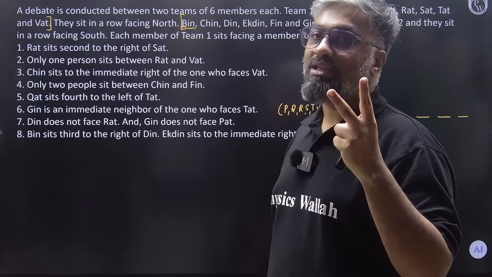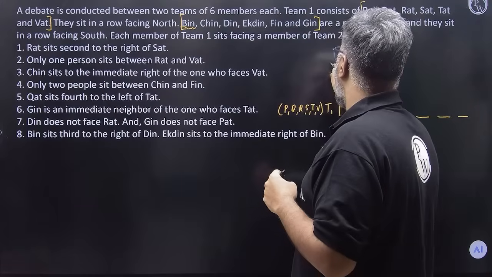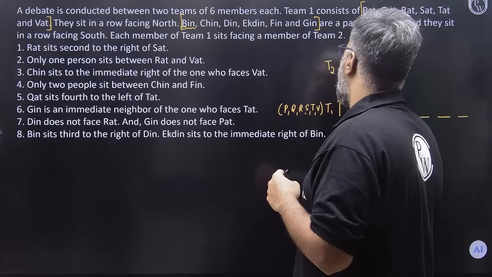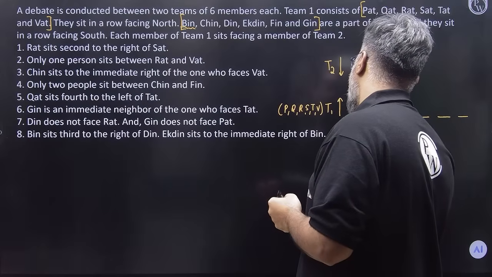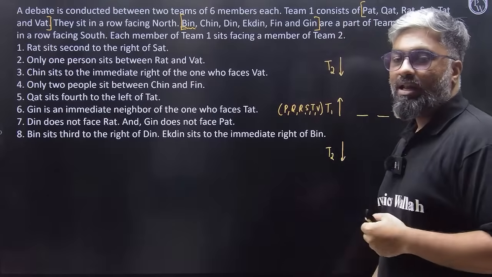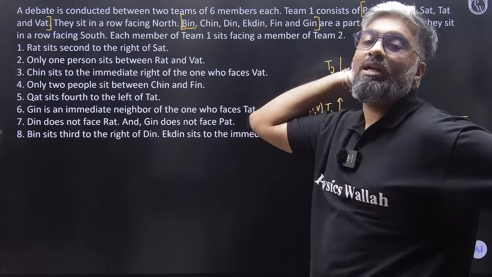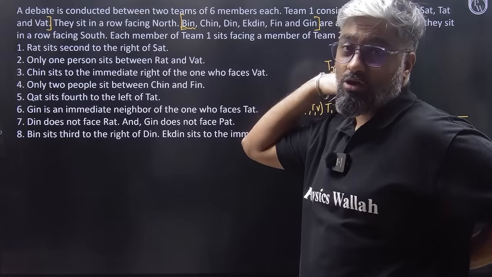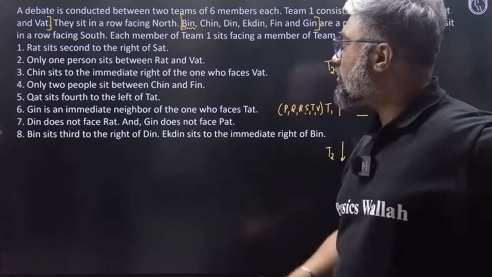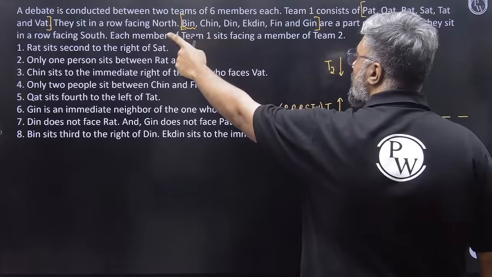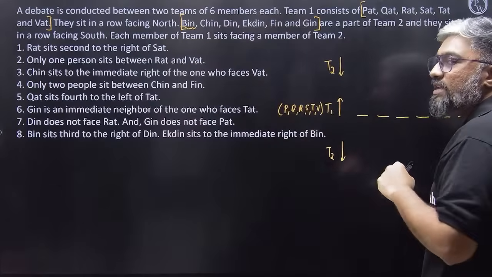This could mean two things, right? Team 2 could be sitting like this also facing south, or team 2 could be sitting like this also facing south. Like each student has their back against each other. That's also possible. But then it wouldn't make sense in a debate. But also what is told, each member of team 1 sits facing a member of team 2.